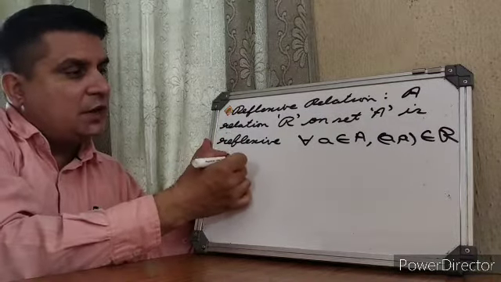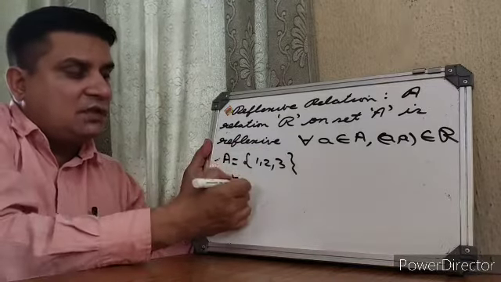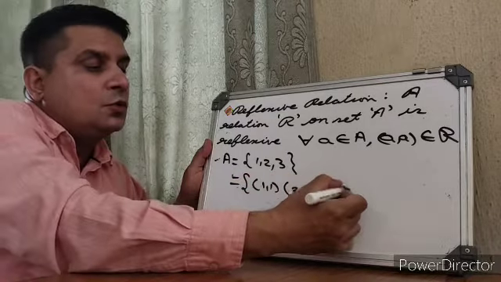That means if set A is 1, 2, 3, then for reflexive you must have (1,1), (2,2), (3,3).